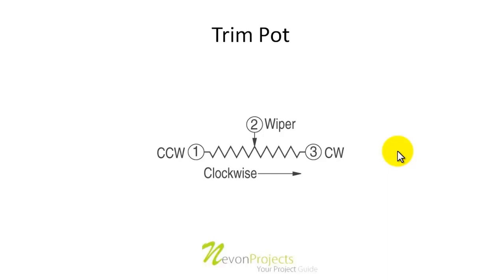How they work is that one terminal is connected to the power supply, the third terminal is connected to ground, and the variable terminal, where we want variable voltage, is the second pin. By varying the position, we can get various voltages on the second pin from 0 to the maximum value, which is on pin number 1.